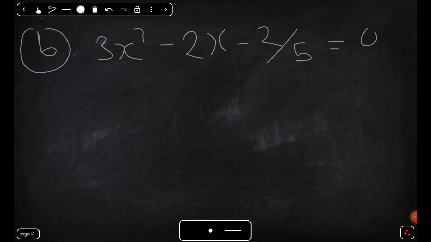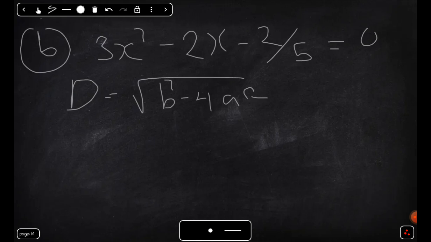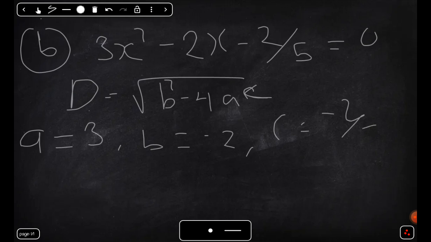So this is a quadratic equation. We should find the nature of the roots, and the nature is gotten when we know what the discriminant is saying: b squared minus 4ac, right? So here we get the value of a is 3, b is minus 2, then c is minus 2 over 5.